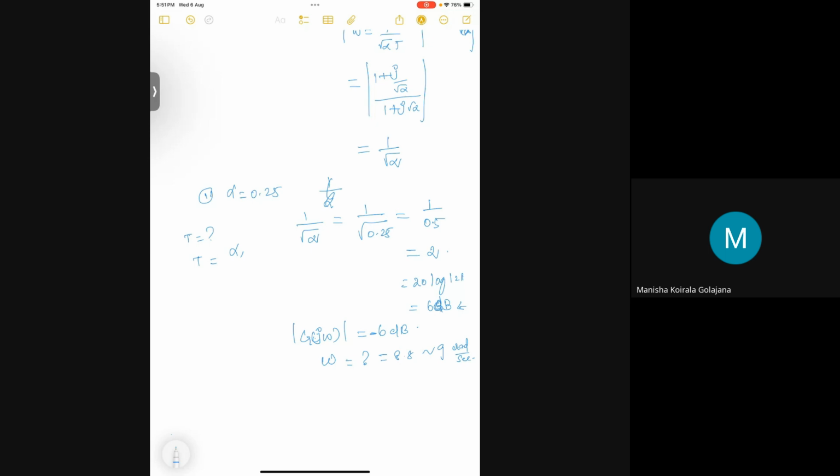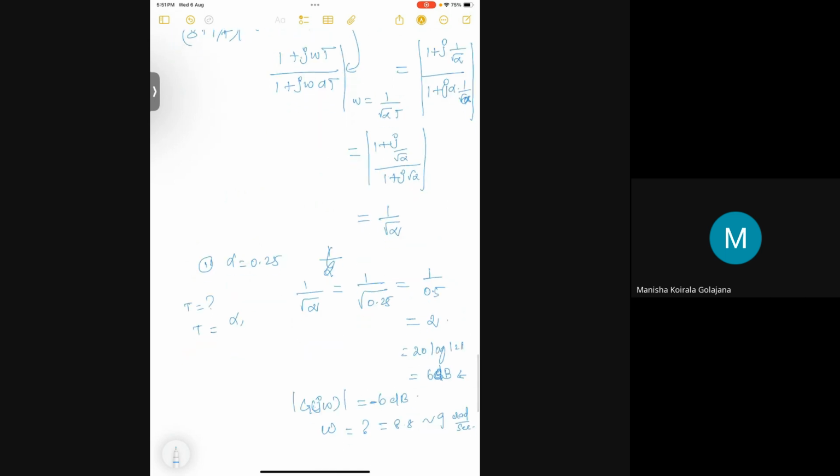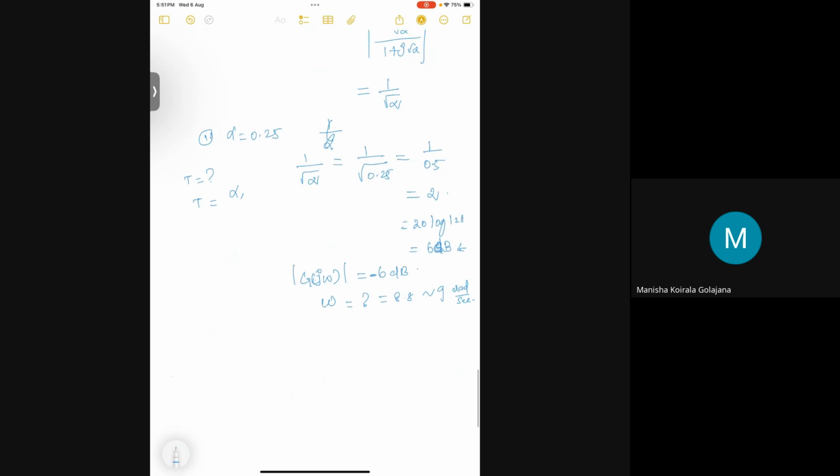The step is to first find the maximum phi m, where it occurs in between two corner frequencies, that is 1 by T and 1 by alpha T. If you find the mean between 1 by T and 1 by alpha T, you would have 1 by root alpha T. At that value, find the frequency, so that you select this frequency to be your new gain crossover frequency.